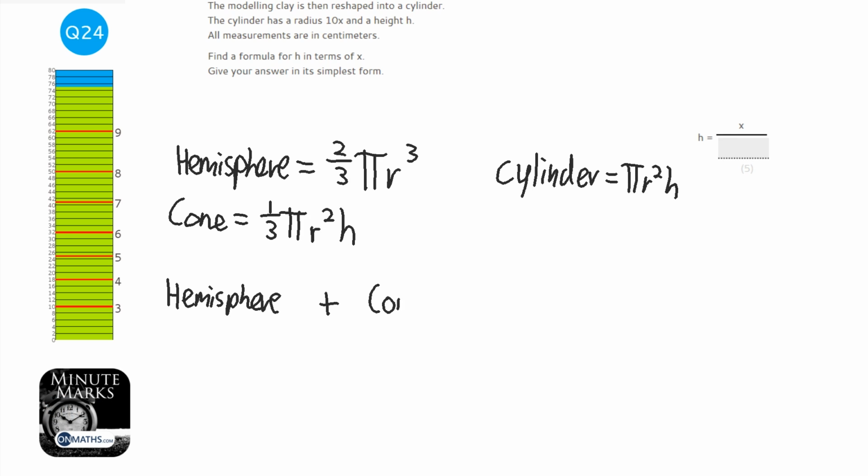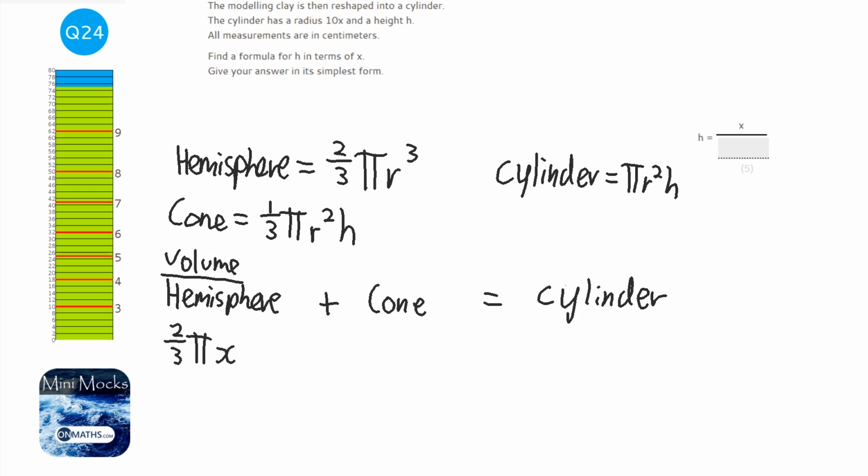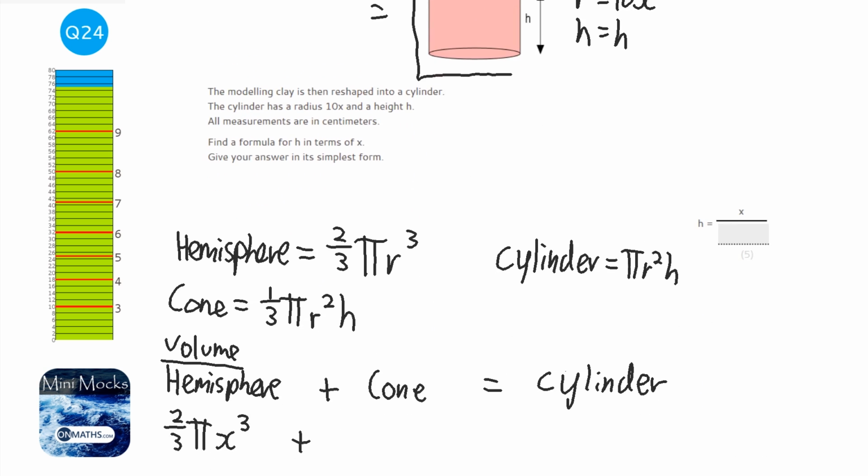Okay, so we know that hemisphere plus the cone volume, and I should write volume here, show the examiner that I'm working with volumes, equals the volume of, I don't know why I wrote an S, my goodness, C for cylinder. Tell my maths teacher, right, cylinder, there we go. So hemisphere is 2/3 pi, and we said that x was the radius, so x cubed. Brilliant. So plus the cone. Now, what did we say the height of the cone was? We said the height of the cone was 4x.